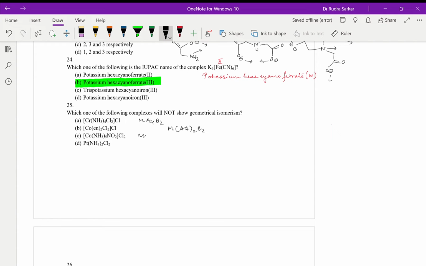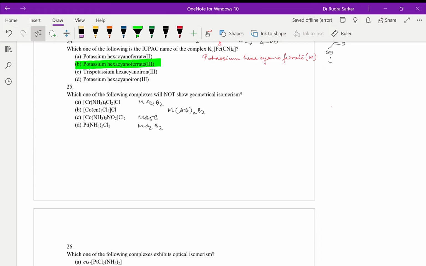C is MA5B and D is of the type MA2B2. So let's draw the arrangements and conclude what the correct answer will be. For MA4B2 we can have two arrangements of the following type.